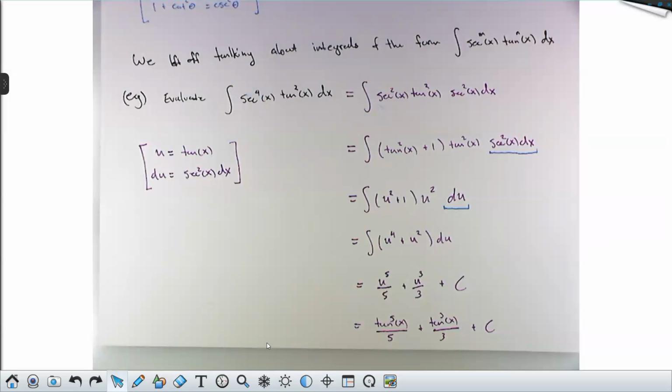Okay. The other nice case for the secant tangent integrals, so if the power of secant is even, Gucci, we're going to sub for tangent. If the power of tangent is odd, all is well, we will sub for secant. Let's see what that looks like.